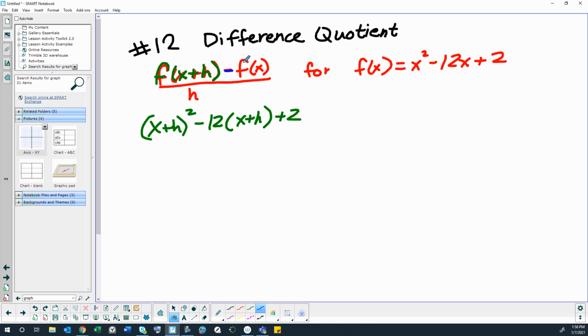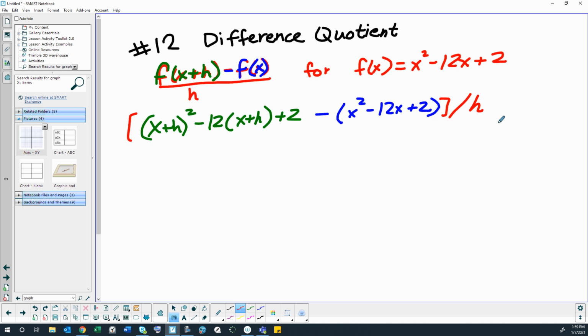Then I'm going to subtract just our f of x equation. So subtract x squared minus 12x plus 2. And then the last thing is this whole thing will be divided by h. So this whole thing divided by h.